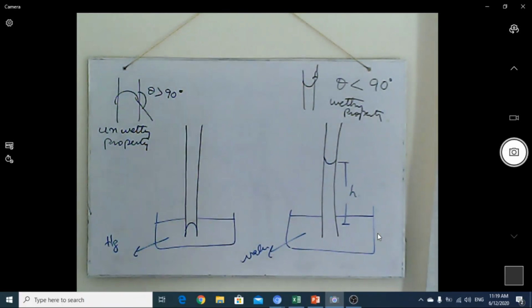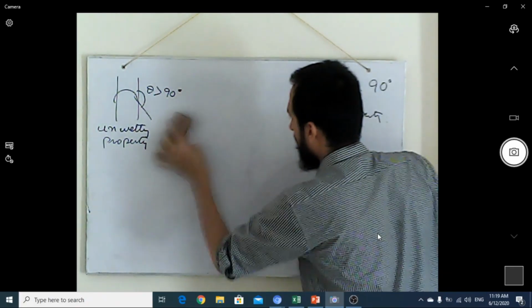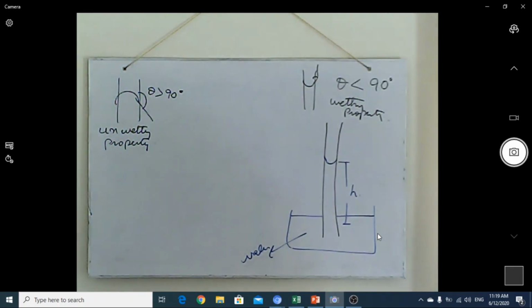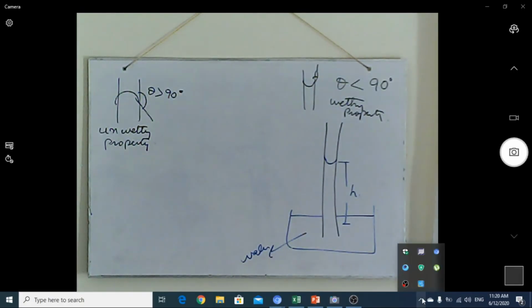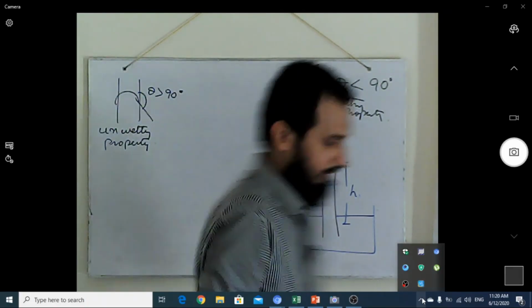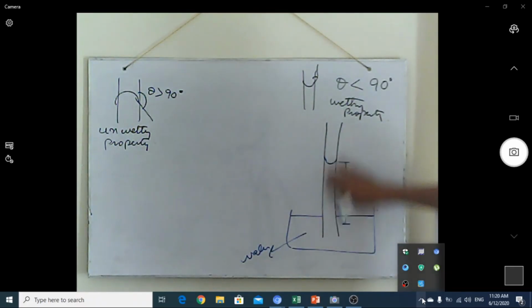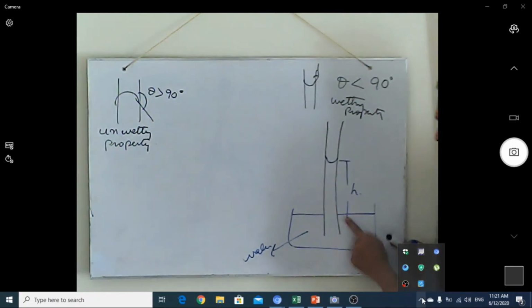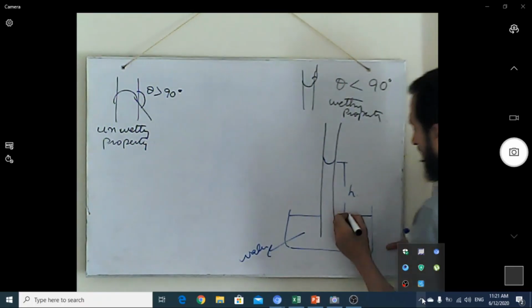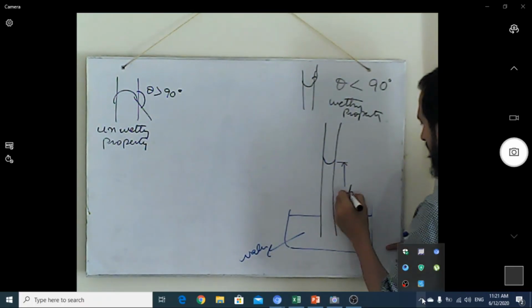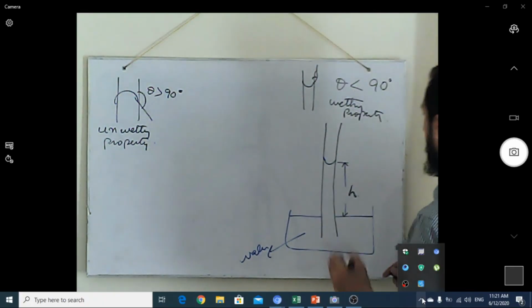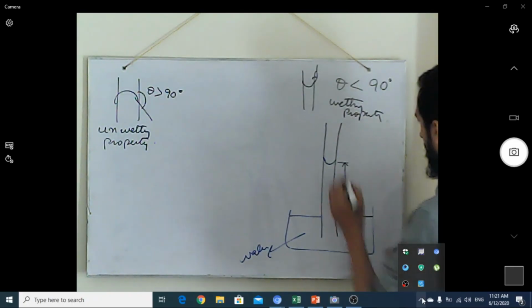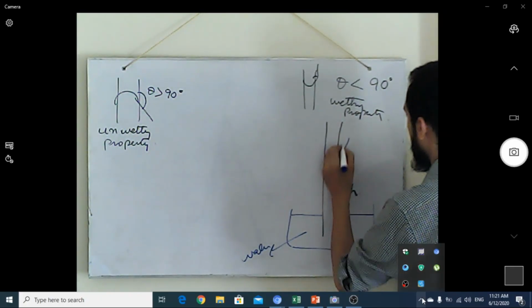So now we need to mathematically express all these things. You can see here, when it rises from this level to that level, let's say it rises with a height of h, and the contact angle here, let's say it is phi.